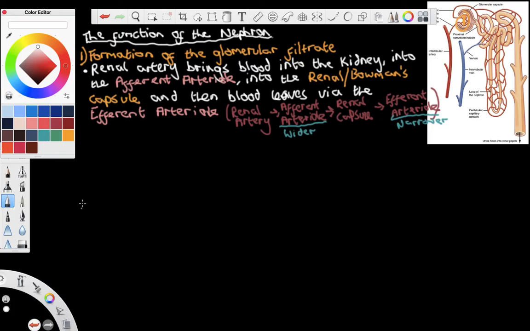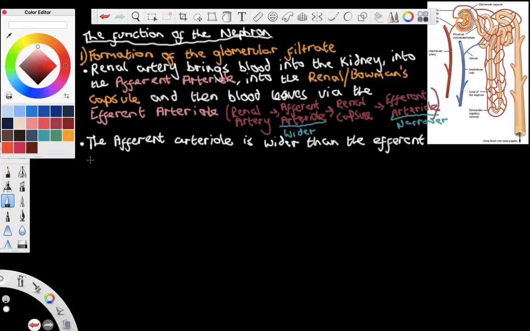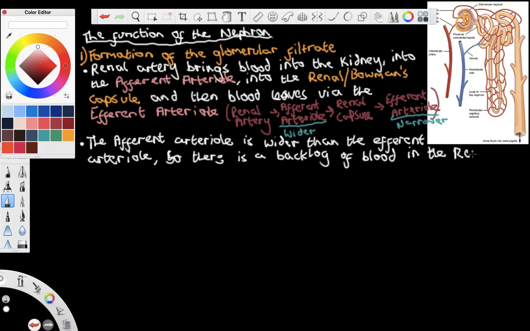So we can say that the afferent arteriole is wider than the efferent arteriole, so there is a backlog of blood in the renal capsule. Just going to put cap, okay, it means capsule.